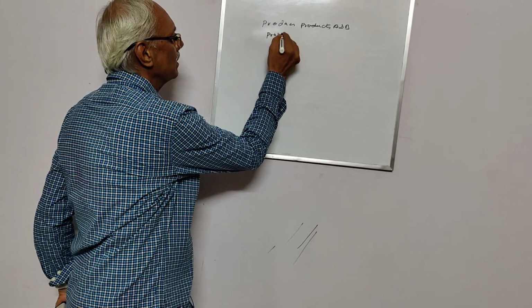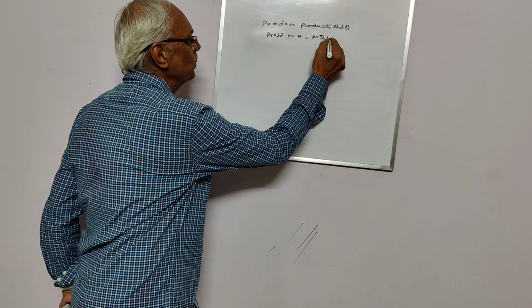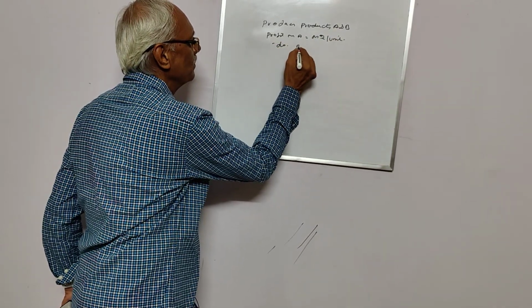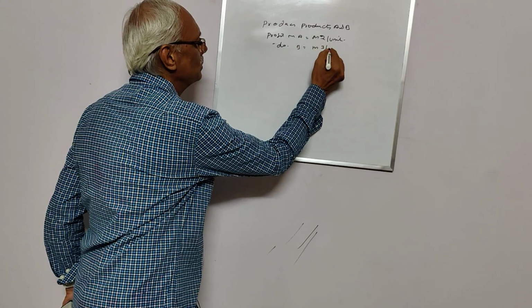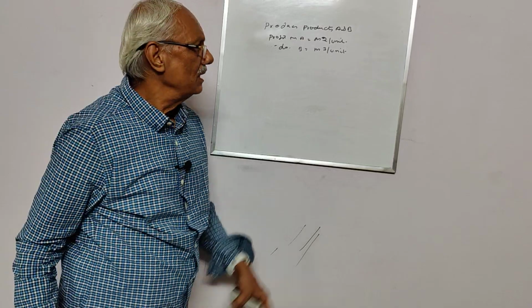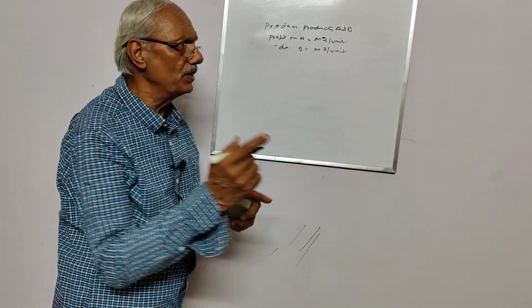Profit on A is equal to ₹2 per unit and profit on B is equal to ₹3 per unit. The two products are being processed on two machineries.